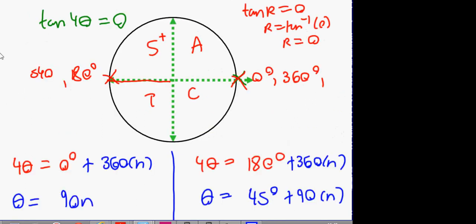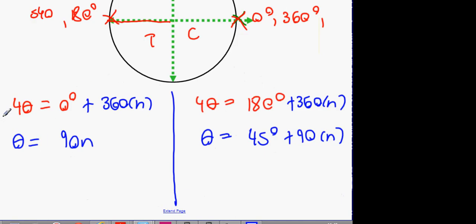Now, did it ask for the general solution? It did ask for the general solution, and I put it in degrees and not radians. So my answer to the first question will be theta equals, now what's 90 degrees in radians, lads? A half, which is pi over 2.